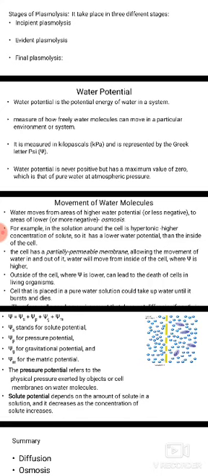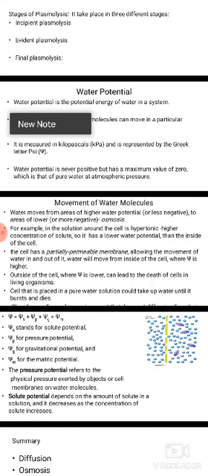The movement of water molecules. Water moves from a region of higher water potential, or less negative, to a region of lower one, that is more negative. For example, if the solution around a cell is hypertonic, with a higher concentration of solutes, it has lower water potential than inside the cell.